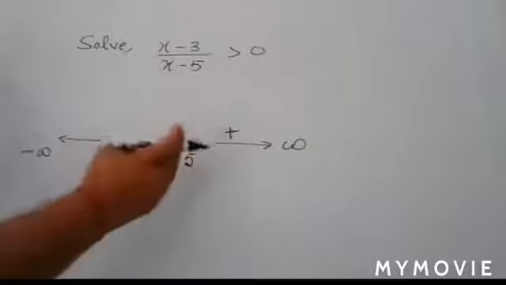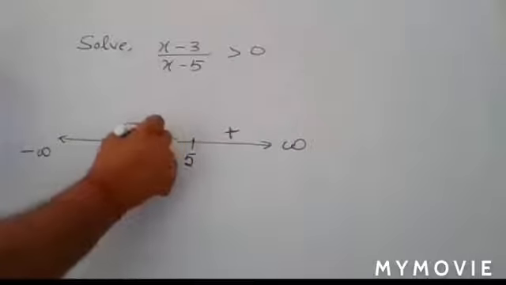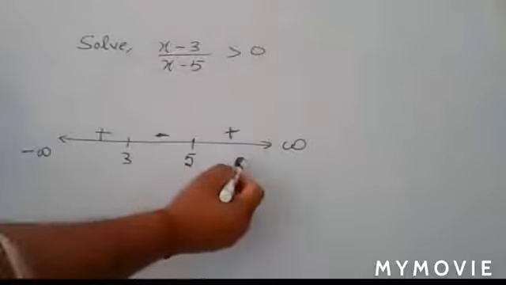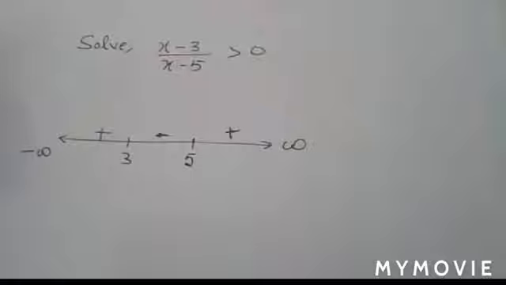Now write the alternating sign. You change the sign alternately. Here you have positive, so write here negative, and here positive again. That is what generally happens.